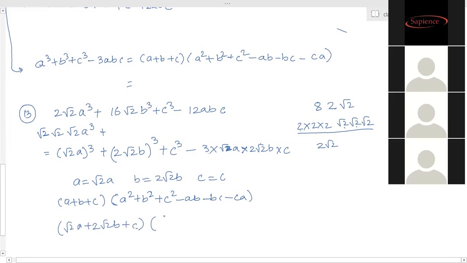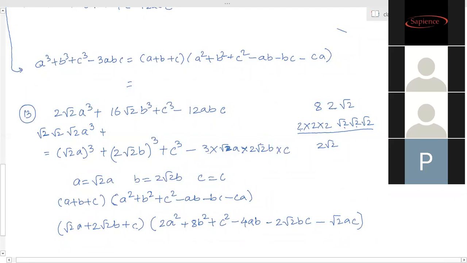Root 2 square is 2, 2a square, plus 2 root 2b whole square is 8b square, plus c square minus ab. The product is 2 into root 2 into root 2, 4, minus bc, that is 2 root 2 bc, minus ac, that is root 2 ac. Is it clear now?